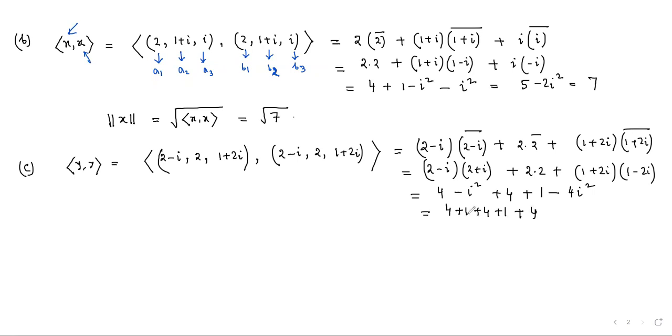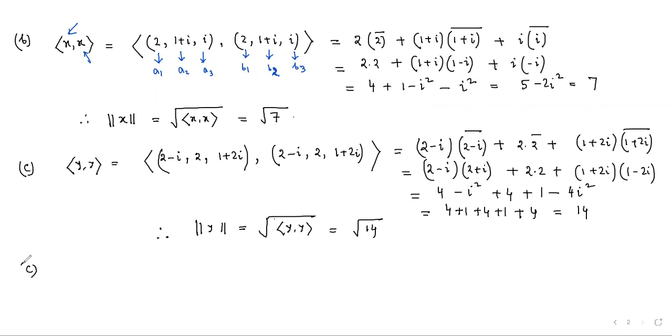So how much is coming? 14 is coming. And therefore, the norm of y is equal to the positive square root of the inner product of vector y with itself, which is root over 14.